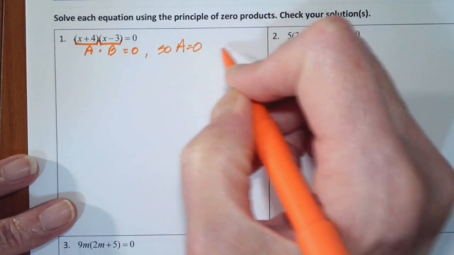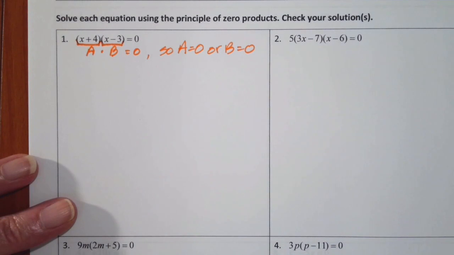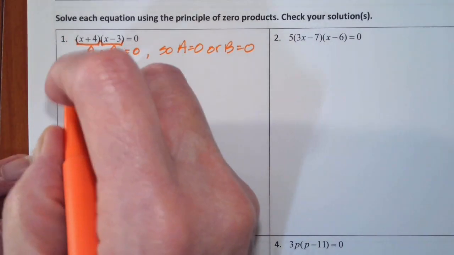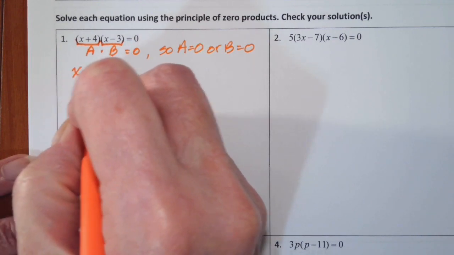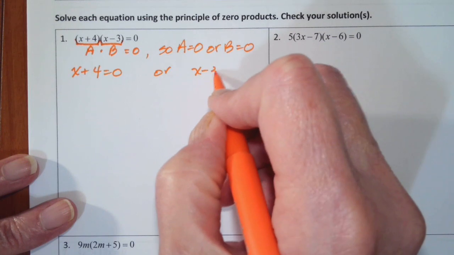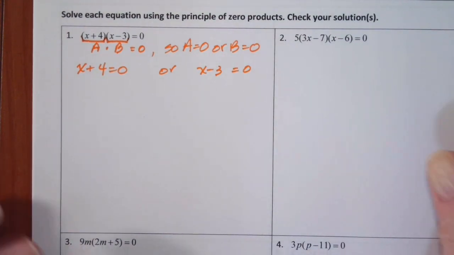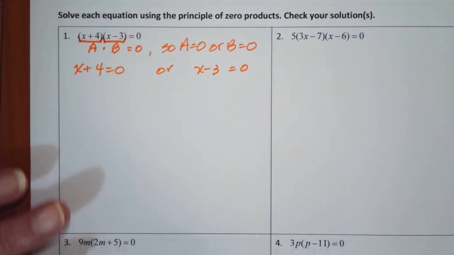So A equals 0 or B equals 0 based on the principle. So that means that x plus 4 is equal to 0 or x minus 3 is equal to 0. And now we just solve each one of these.